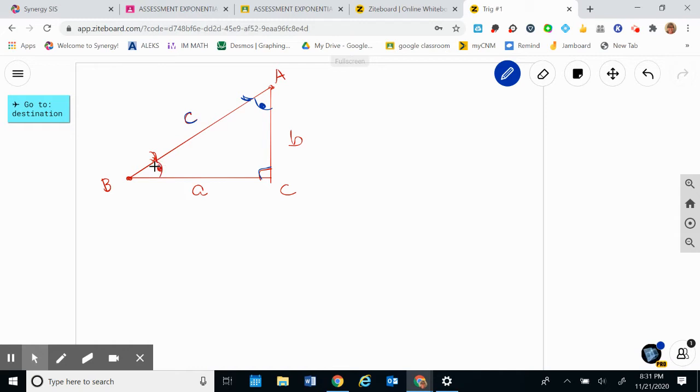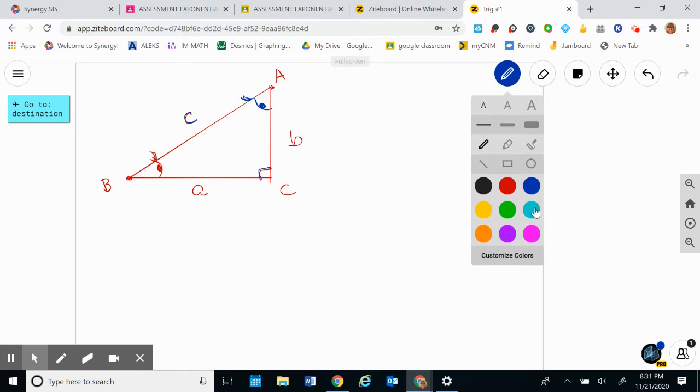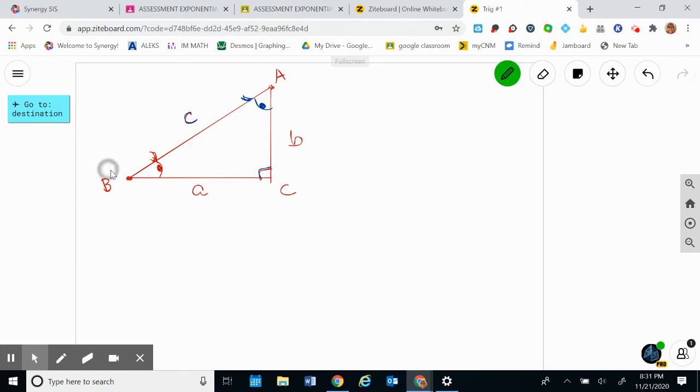All right, so taking a look at this, if I'm standing at B, I'm going to say we have three ratios.